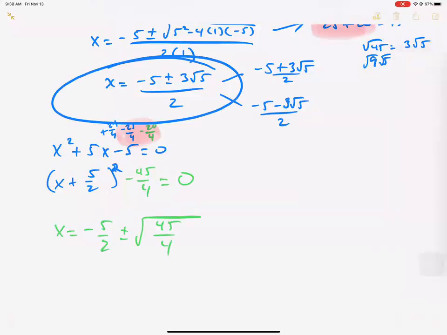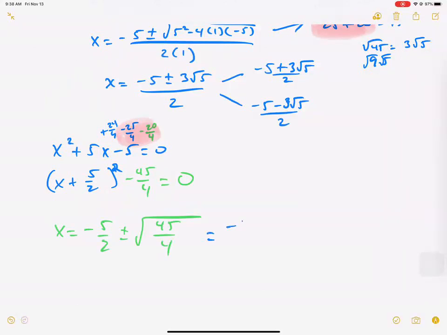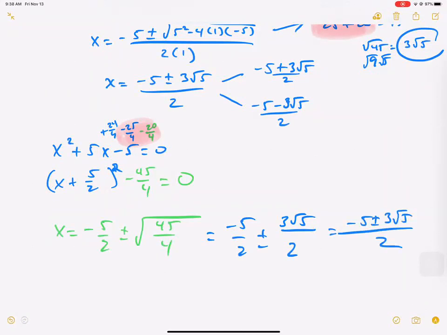Because what's the square root of 45? This is going to be negative 5 over 2 plus minus the square root of 45. We did it over here on the right side. We did that. 3 square root of 5. And what's the square root of 4? 2. We do have a common denominator. We can rewrite it as negative 5 plus and minus 3 square root of 5 all over a magical 2, which is our answer here.